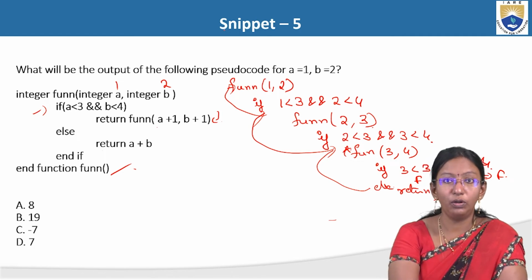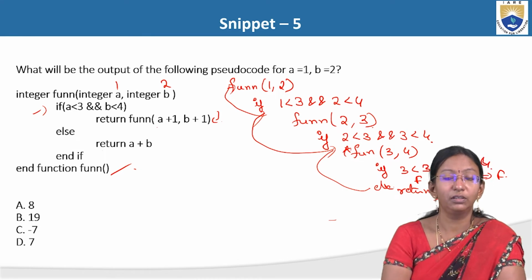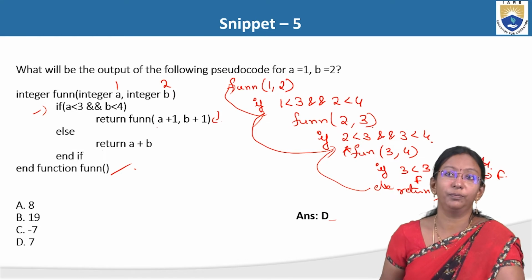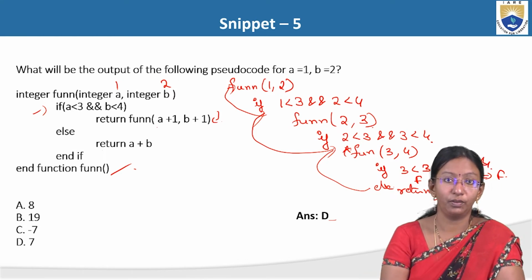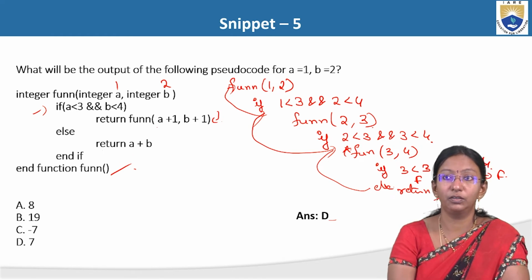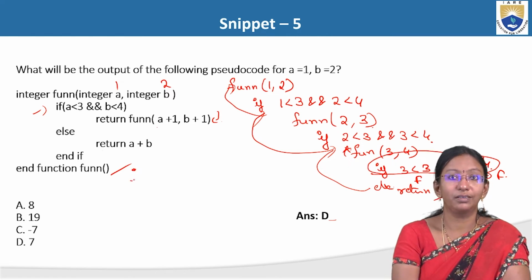So overall, in this whole structure, what is the value that is being returned? The value that is being returned is 7, and that will be the right answer. Okay guys, you need to backtrack also. And one more key point I would like to mention over here is about this statement. A small extension of our discussion, guys.